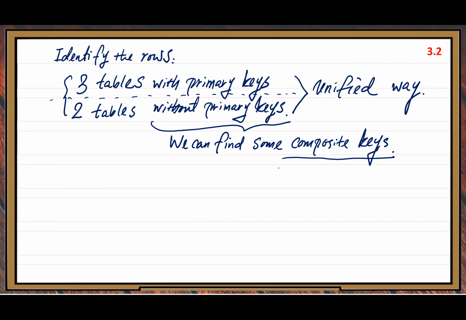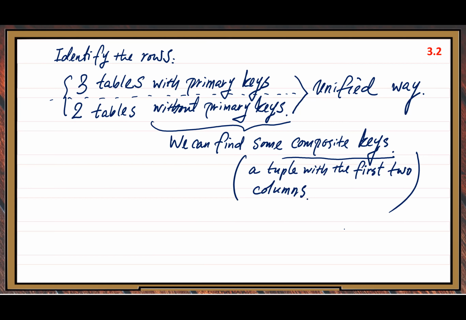A tuple with the first two columns. If we consider a tuple containing the first two columns, that tuple can be used as a composite key for the second category, two tables.